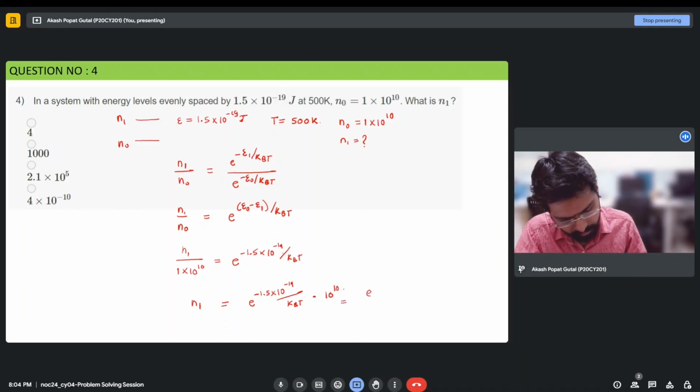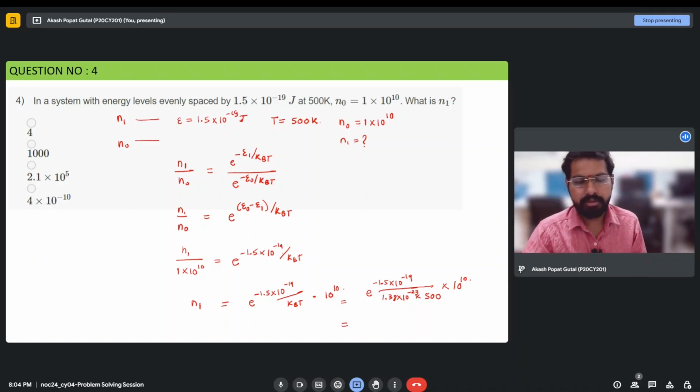This will be e raised to minus 1.5 into 10 raised to minus 19 by 1.38 into 10 raised to minus 23 into, what is the temperature? It's 500.